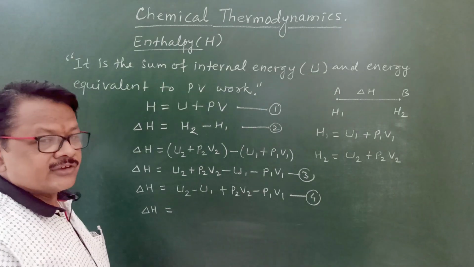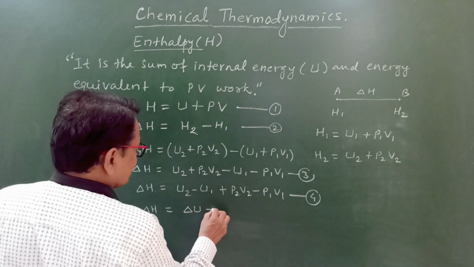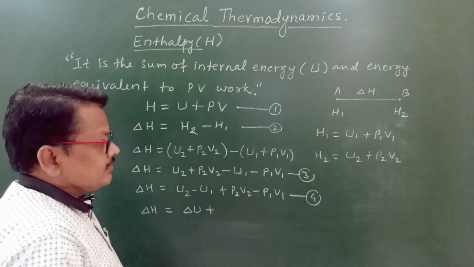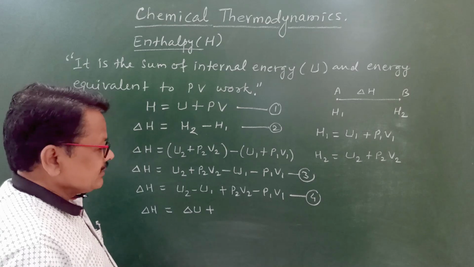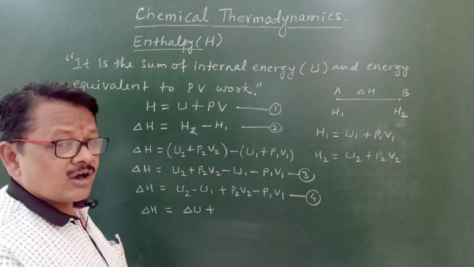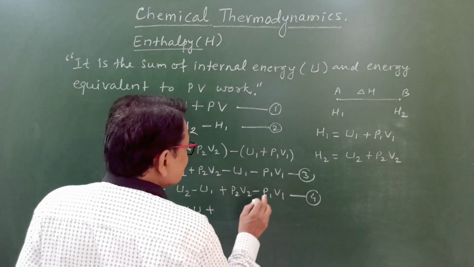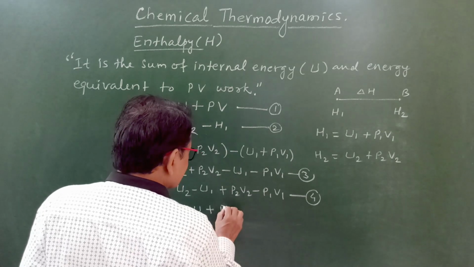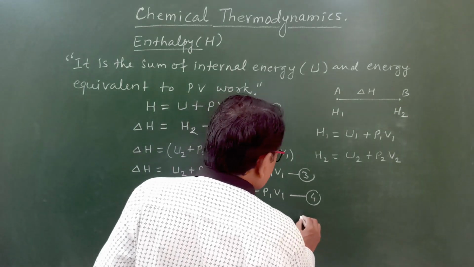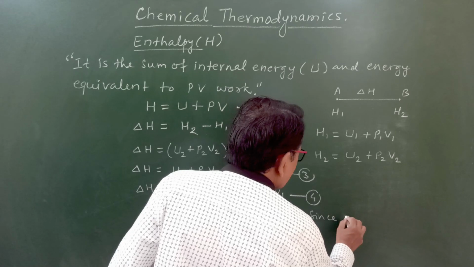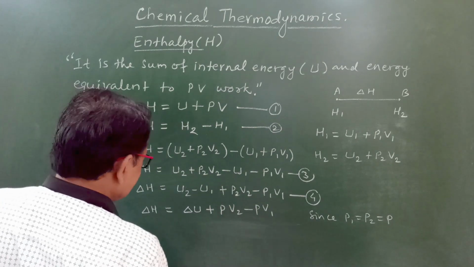U2 minus U1 is the change in internal energy, denoted by delta U. Then P1 is the pressure at state A and P2 is the pressure at state B. If the pressure is constant at both states, P1 is equal to P2 is equal to P, then we can write P V2 minus P V1. At constant pressure we can write like this.